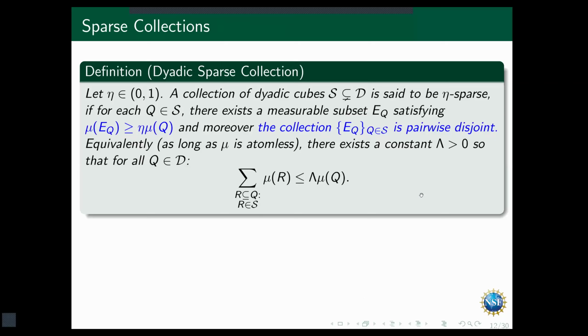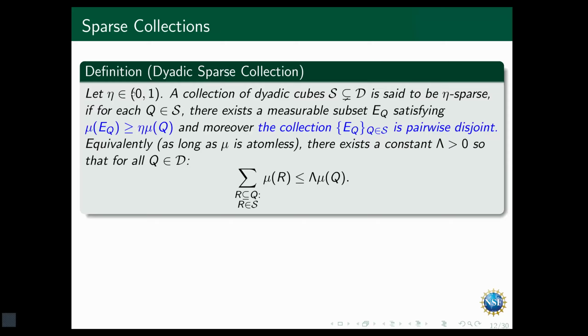Okay, before I state our results, I want to briefly review what a sparse collection is. This has occupied a lot of work recently in harmonic analysis. The idea is you're looking at some collection of dyadic cubes that aren't necessarily all disjoint, but they're almost disjoint, and they have a relatively small amount of overlap.